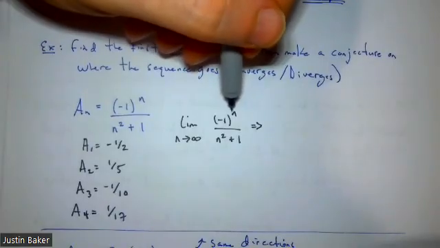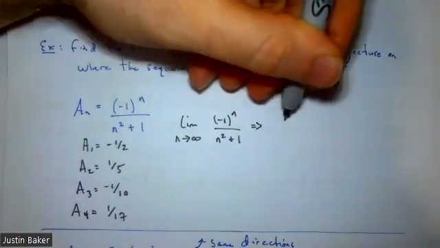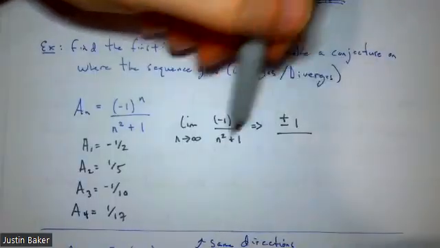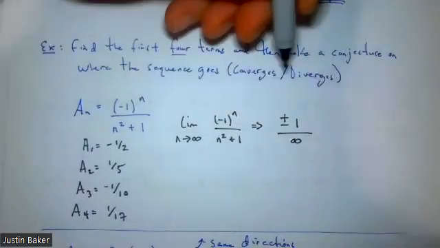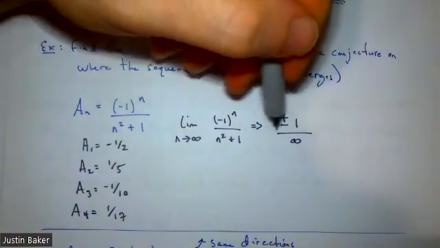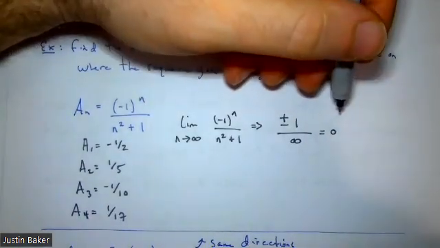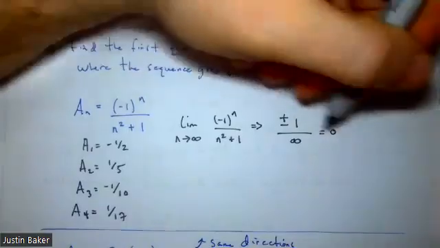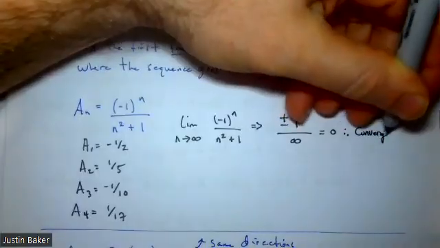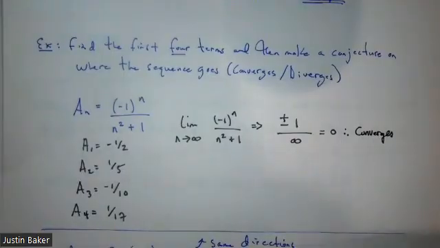If it's a negative power, then you can keep that as a negative number. So we can say that that's plus or minus 1 over... But now what's happening on the bottom? That's going to be infinity. And regardless of which version of the number 1 you have, that's going to be equal to 0. And so since we have a definite limit, your result is converges. Okay. Any questions there, guys?